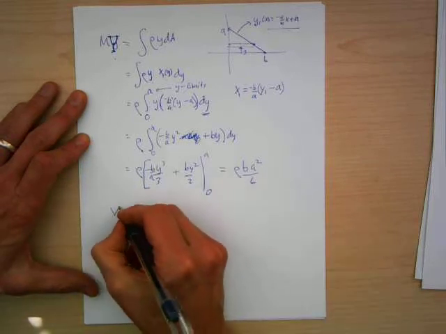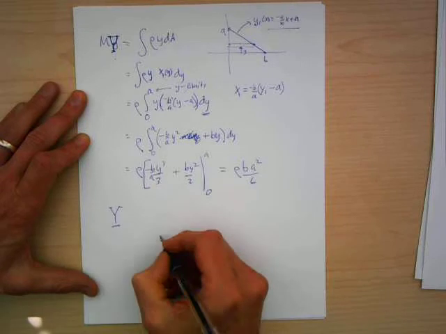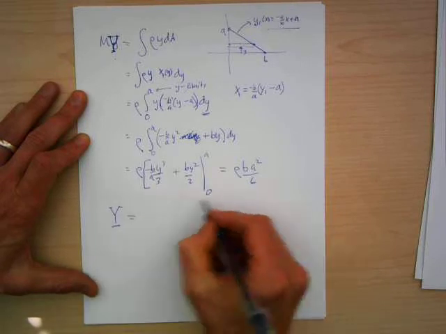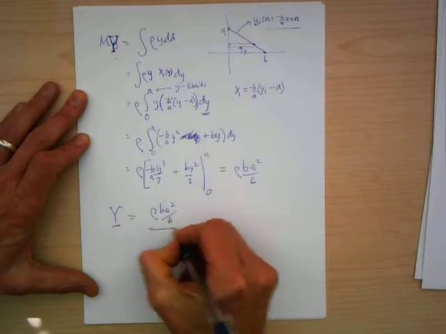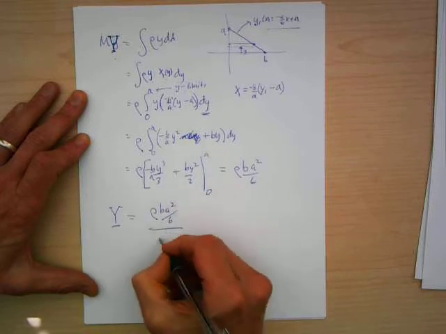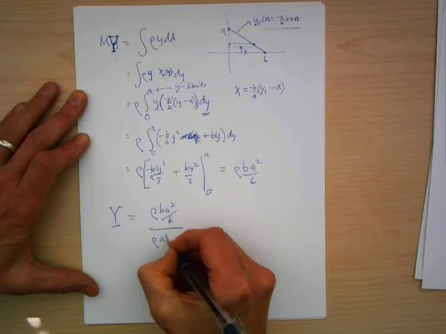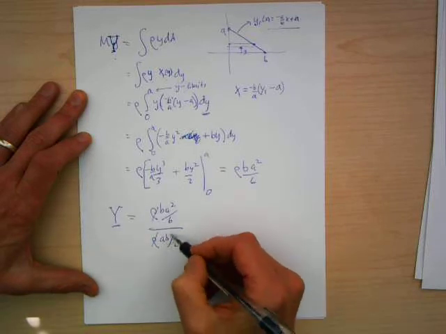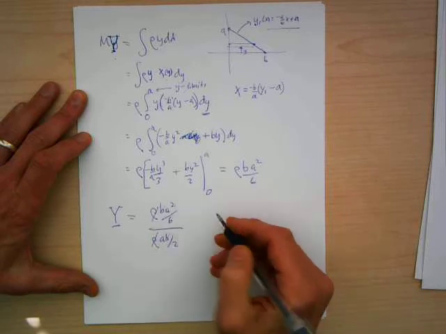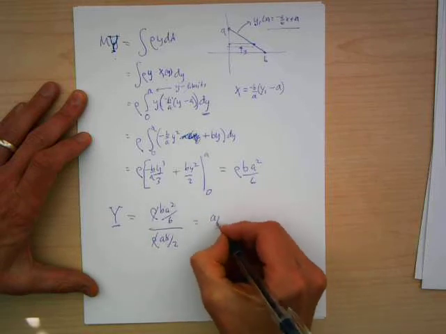Okay, so then our y-coordinate of the center of mass should be this term, rho b a squared over 6, divided by the total mass, and we know that was rho a b over 2. So the rhos are going to go out, the b's are going to go out, and one of the a's is going to go out, and we're going to get a over 3.